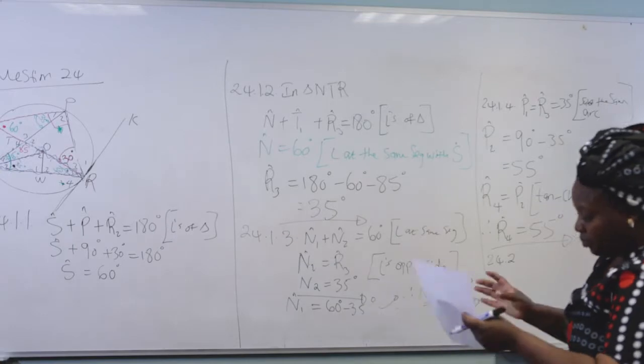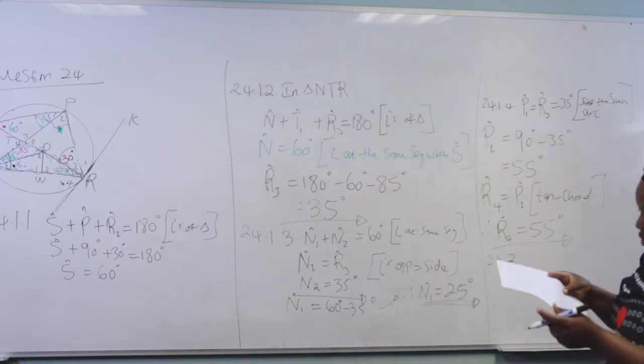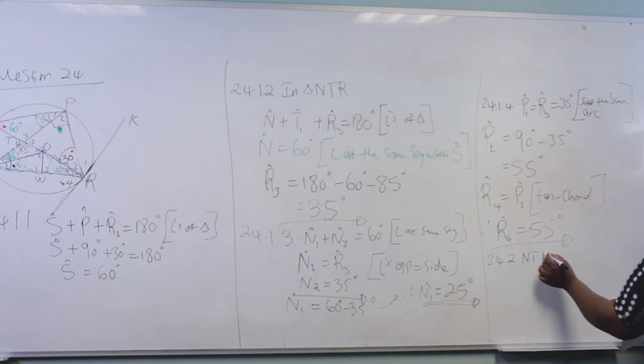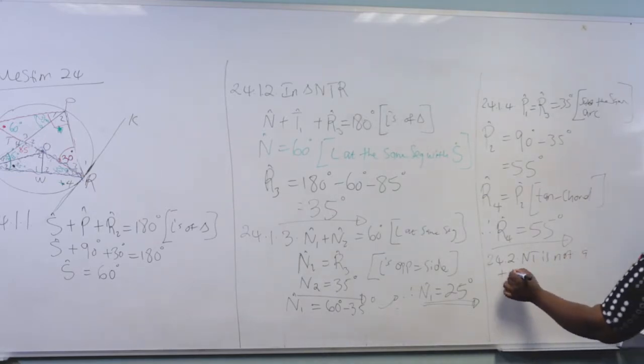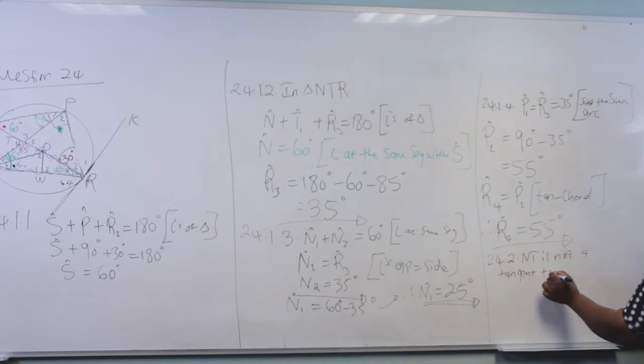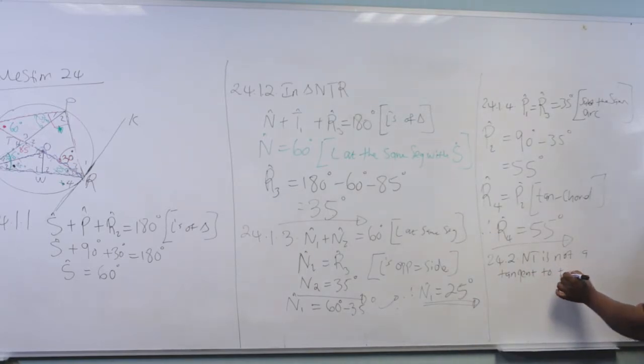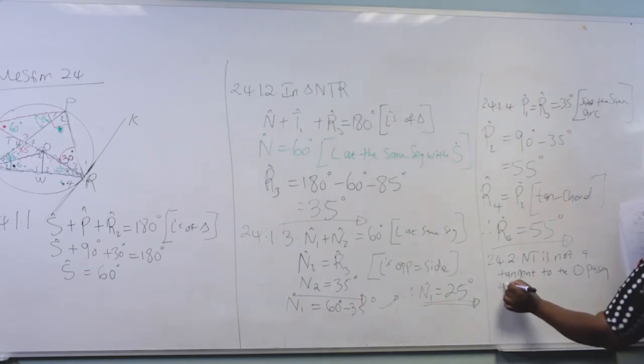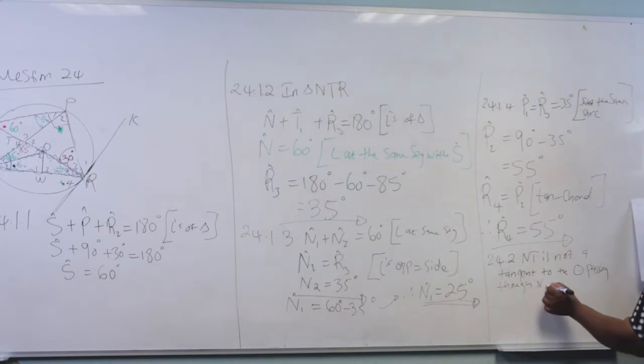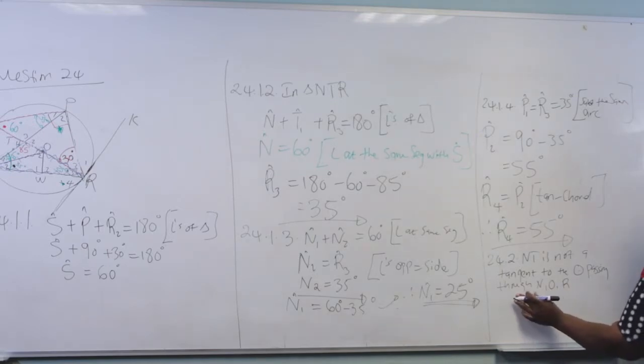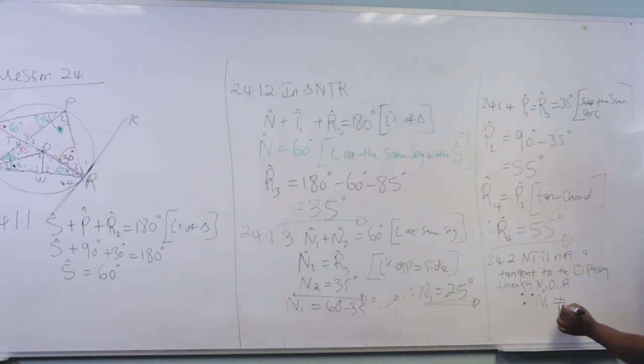Let's look at the statement. You will say NT is not a tangent to the circle passing through NOR because N1 as an angle is not equals to angle R3.